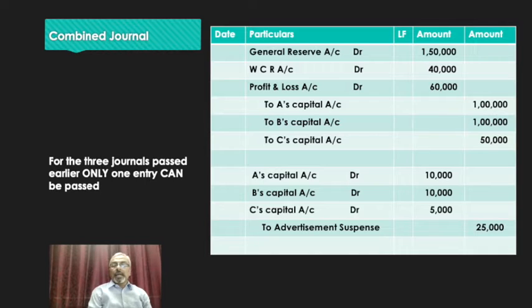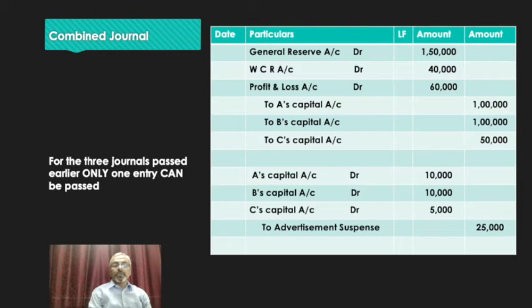We will add 1,50,000 plus 40,000 plus 60,000 to get a total of 2,50,000. Now this 2,50,000 will be divided in the ratio of 2:2:1. As you know, the ratio of A, B and C is 2:2:1. So 2,50,000 divided by 5 gives you 50,000, which will be C's share, and A and B will have 1 lakh each.